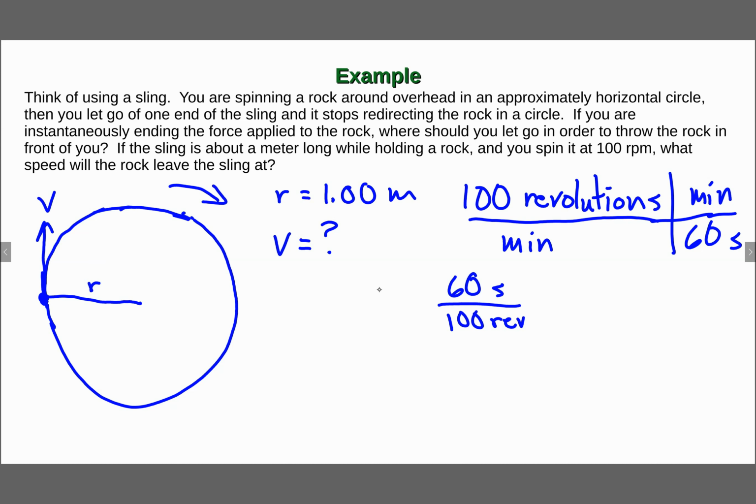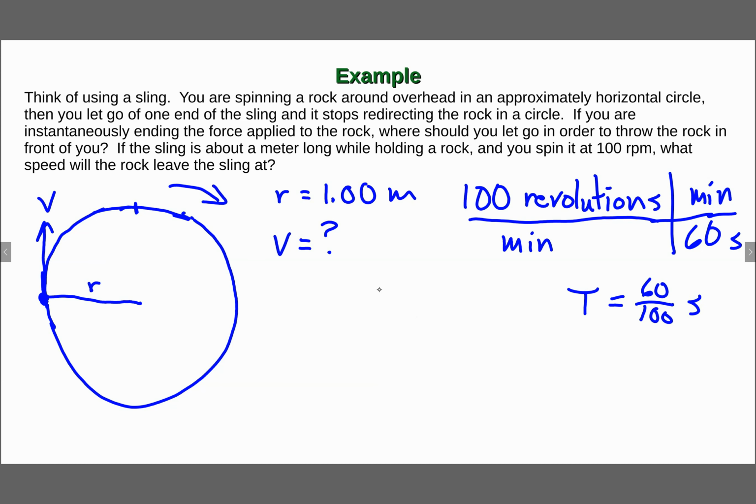But remember when we talked about the period, we said the period was 1 revolution. So T equals the time, the seconds, for 1 revolution. All right? And that's going to equal 60 seconds per 100 revolutions. Okay? So T equals 60 over 100 seconds.